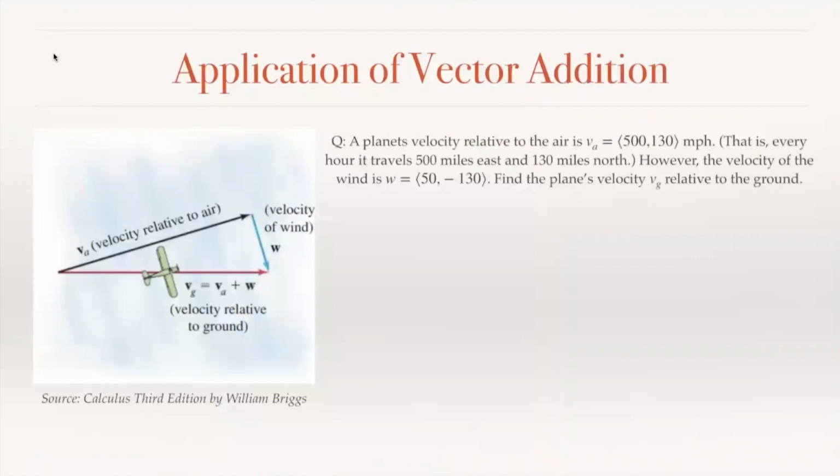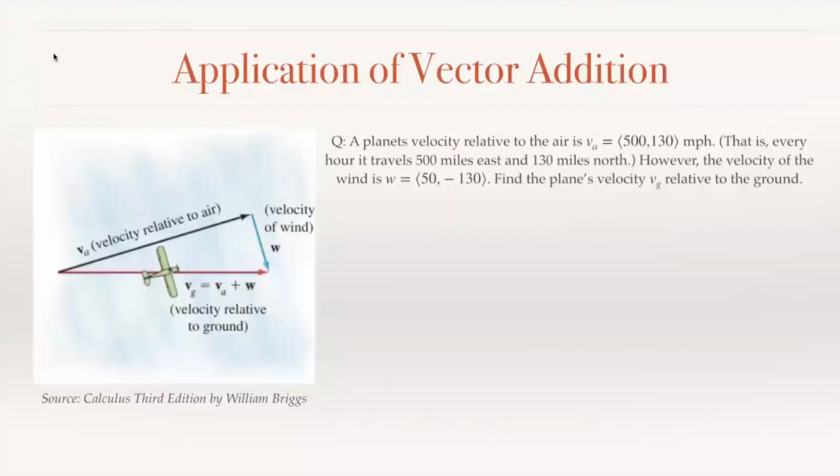Now, why do we care about vector addition? We'll see many ways in which we care, but perhaps the simplest is this nice little illuminating example. Here is a plane, and say the plane wants to travel horizontally.